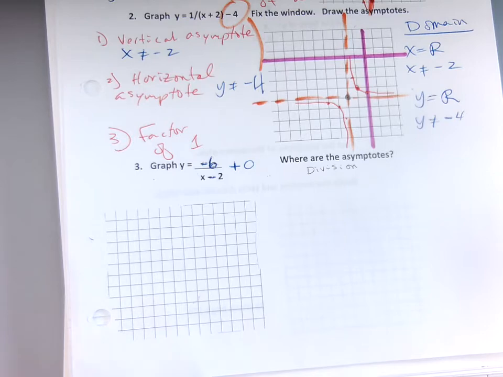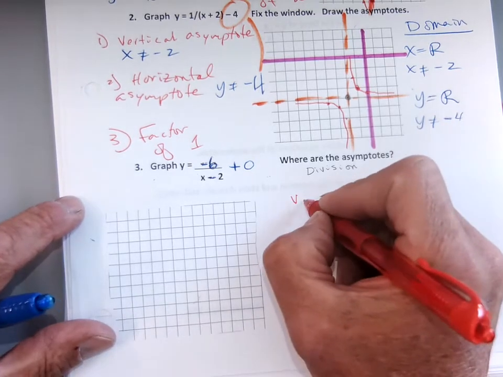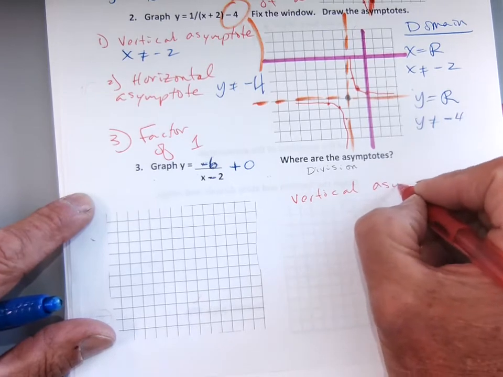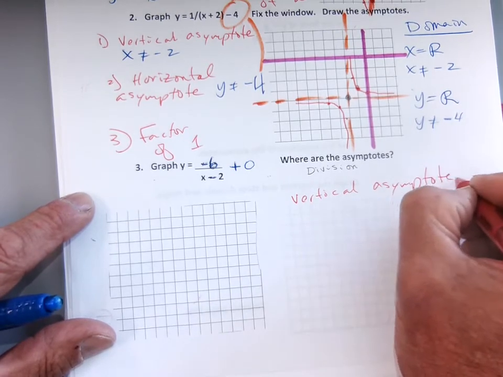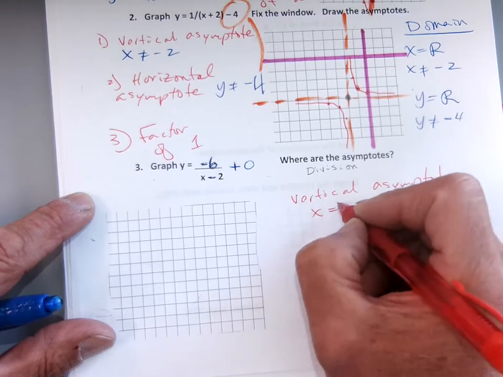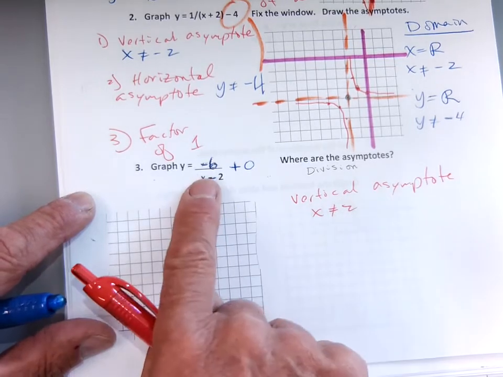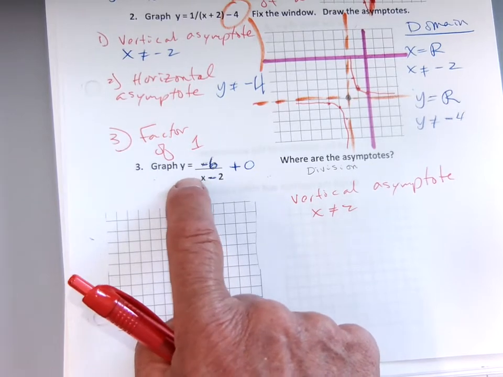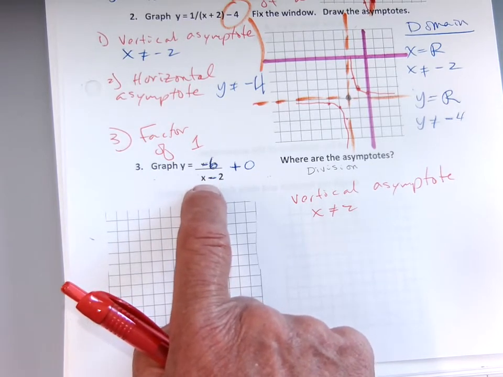So where's my vertical asymptote? Yes, yes. X cannot equal +2. Because if you put 2 right here, 2 minus 2 is 0, right? If x is 2, bad news. 2 minus 2 is 0, right? Can't divide by 0. Okay, good.